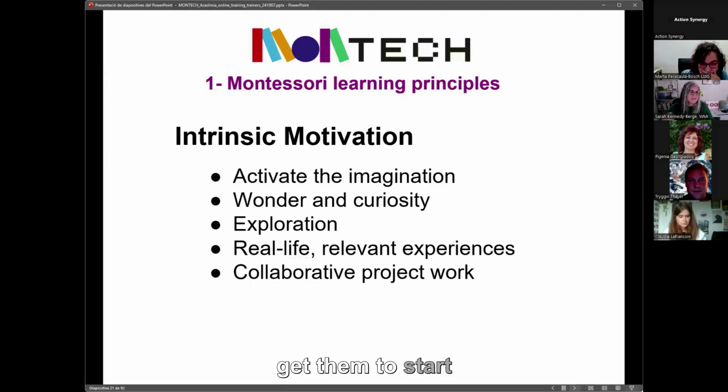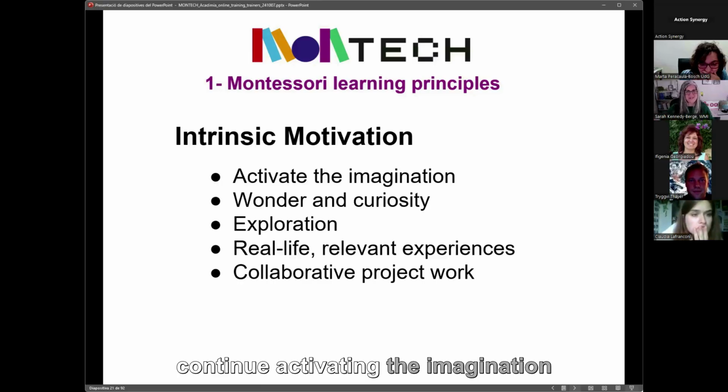Because if we can get them to start to wonder and to have curiosity about the world around them, or how things work and how I can make something happen in technology, for example, then they are motivated themselves to find out the answers. And so we, as the adults, don't need to pressure them to continue learning things.